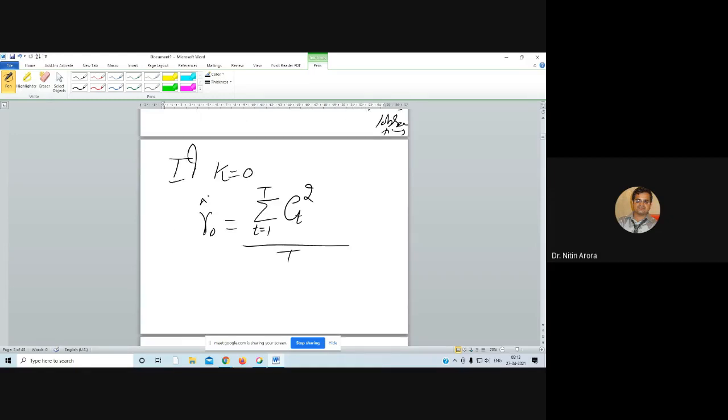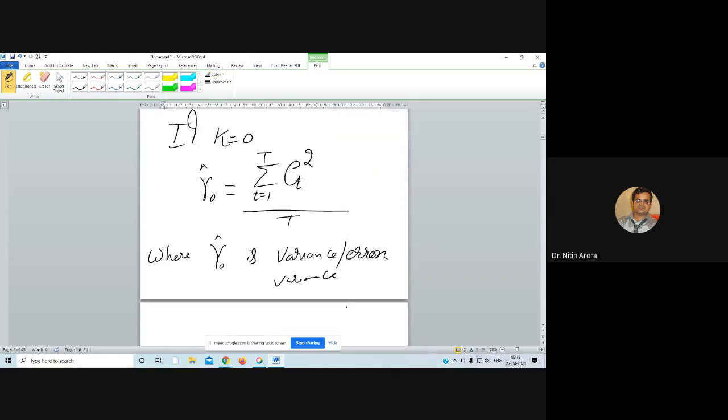So we can say that gamma naught cap is the variance or error variance, right?